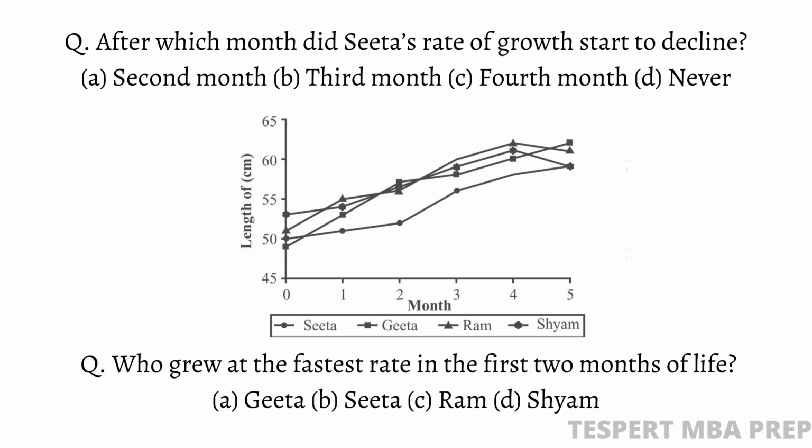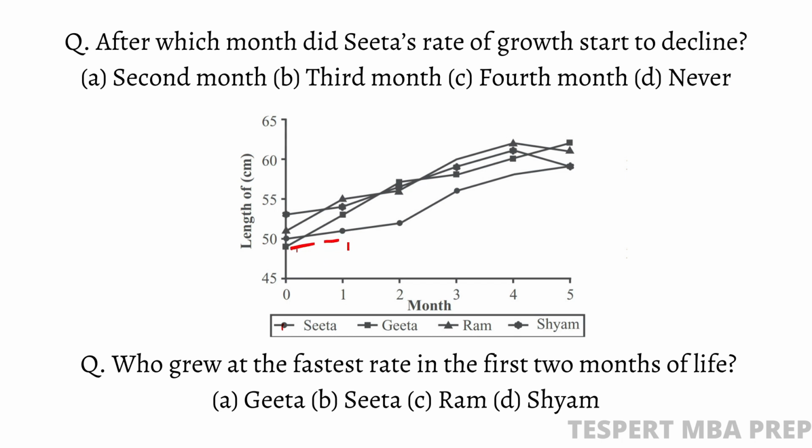So what is our first question? After which month did Sita's rate of growth start to decline? So where is Sita's graph here? This one, right? This circular type at the center. See here, observe, if we carefully look into this, the growth rate of Sita in the first and the second months is slightly high.